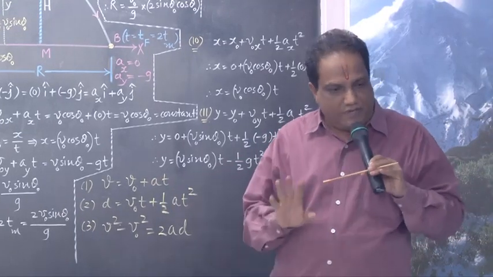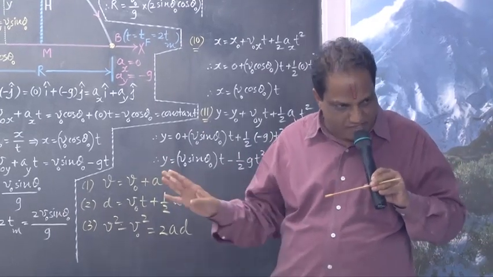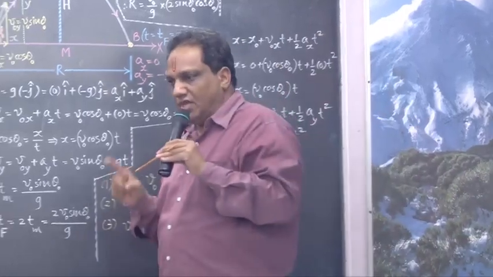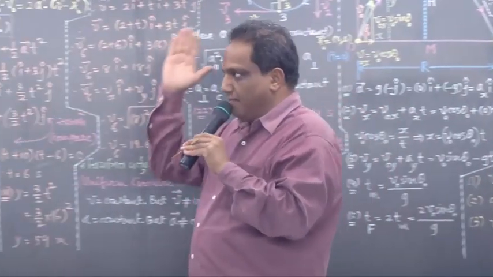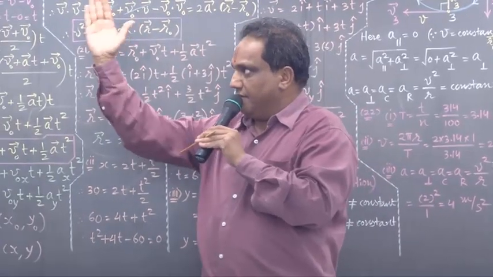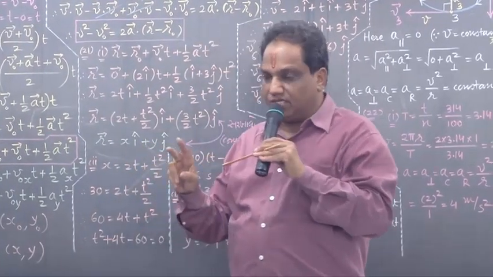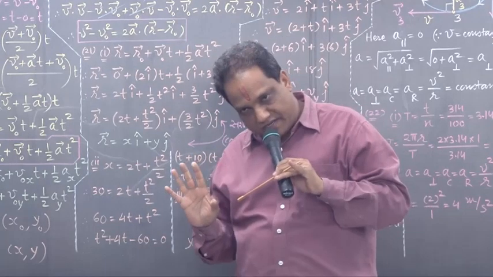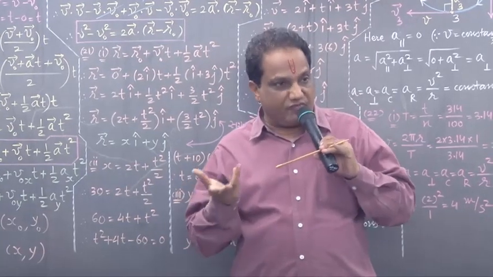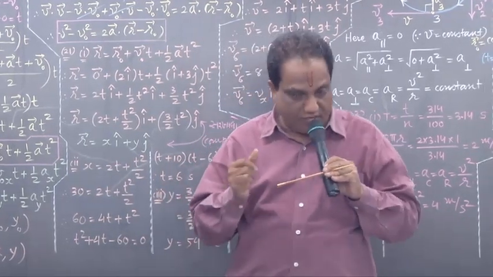Okay. Now we are going to study equations of motion in a plane. In a plane means in two-dimensional space. Okay. What can be the set of equations for that? Let us see now.